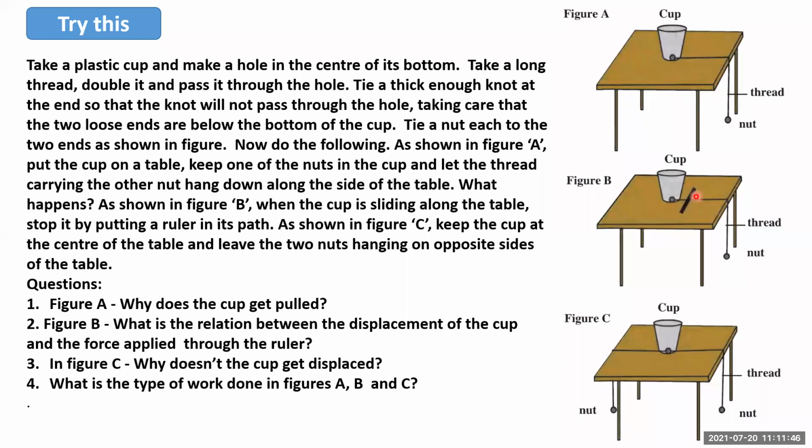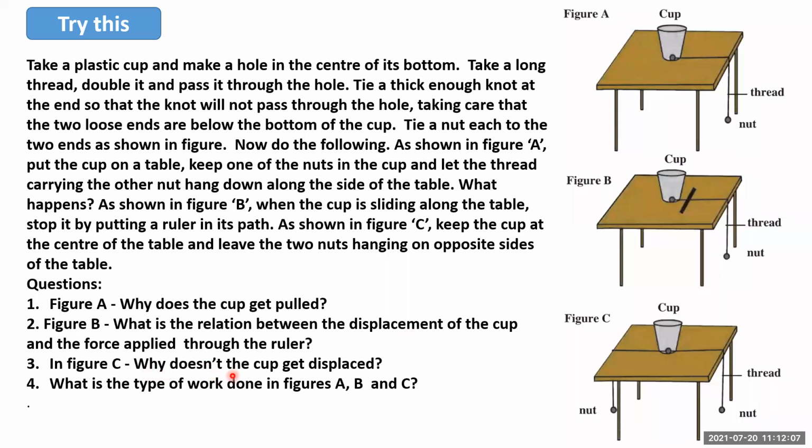The area of contact between the table and the ruler is more, and the nut is not heavy enough to pull the ruler. It does not have enough pulling power to pull the ruler.